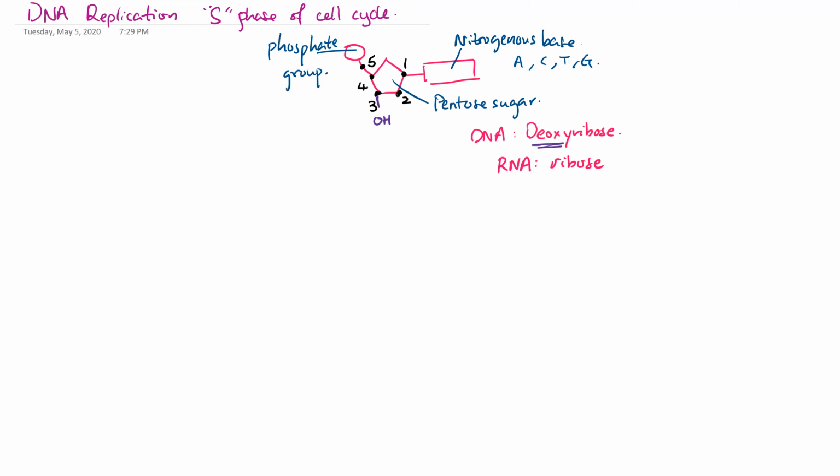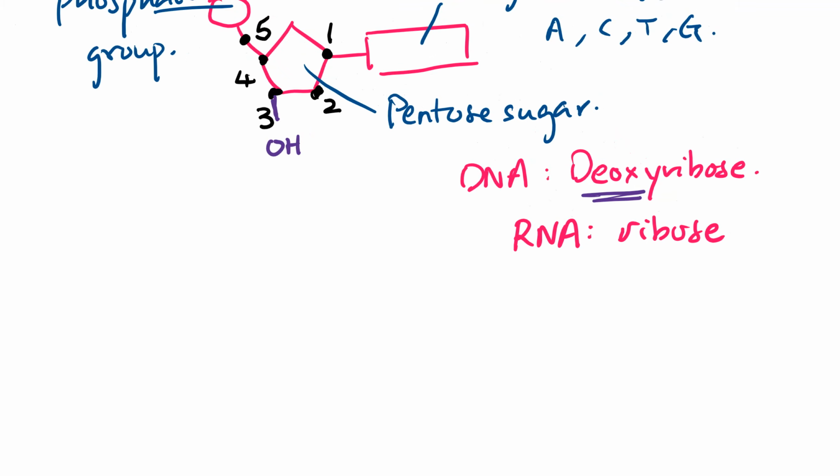For DNA, carbon 2 only has an H, while for RNA, its ribose has an OH. So this is deoxy. Then this is for ribose.